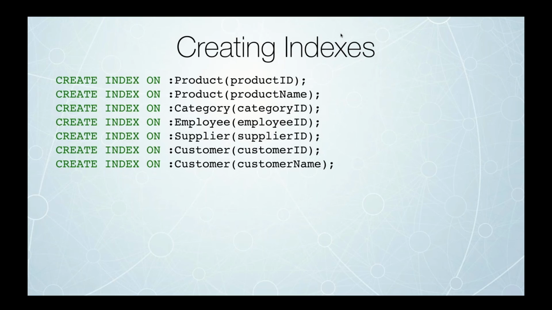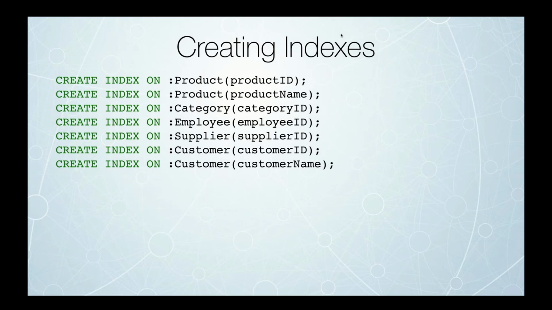In Neo4j, typically we use indexes to do an initial lookup. So let's say we're generating product recommendations for some user. We might look up that user by name or by ID, but then we traverse out to find their orders and the products that they've purchased. We don't use any indexes for that traversal.